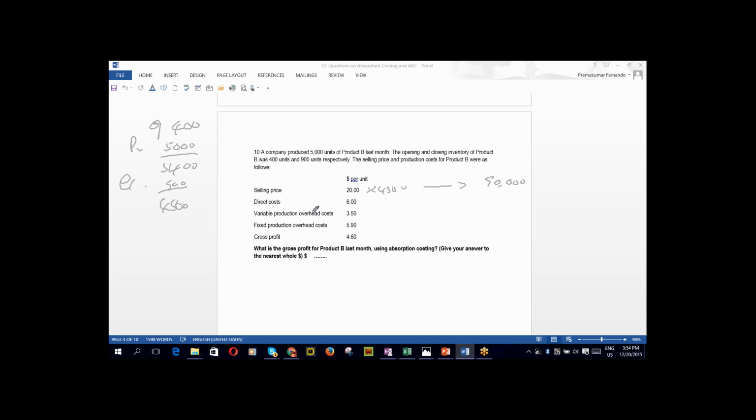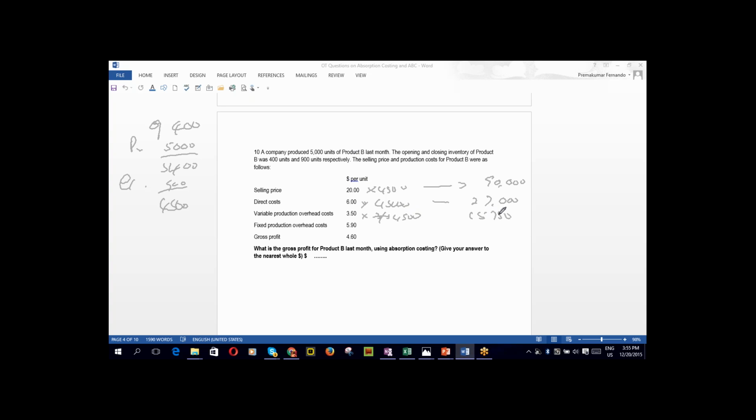Gross profit means sales minus cost of sales. So the direct cost is 6 into 4,500, that is 27,000. Then the variable production overheads, 350 into 4,500. That is also a straightaway cost, which is 15,750.